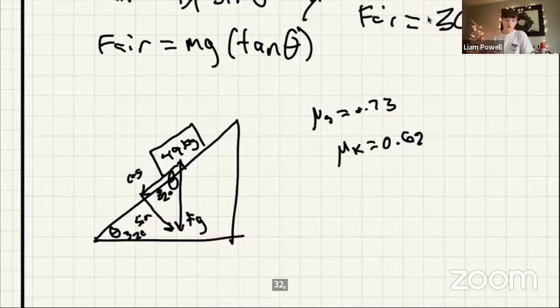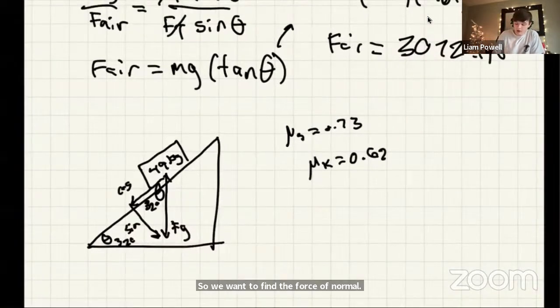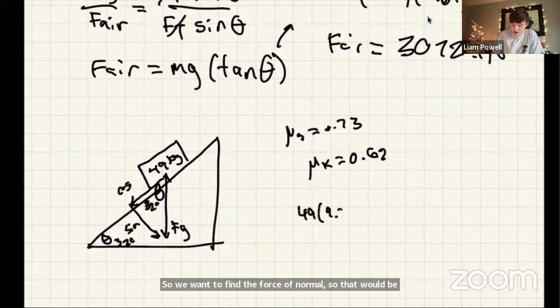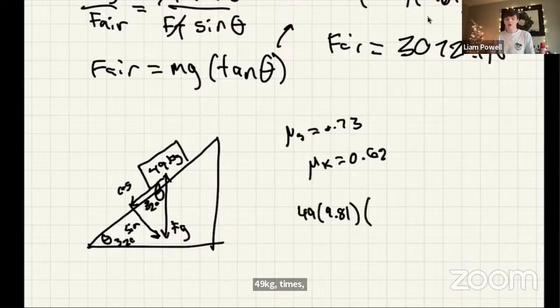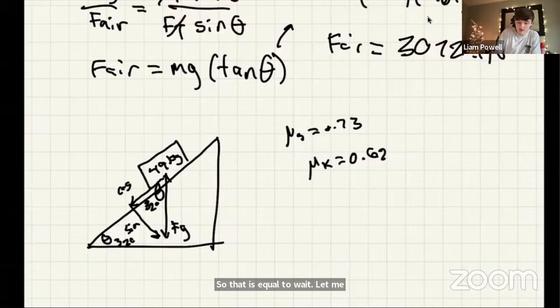So we want to find the force of normal. That would be 49 kilograms times 9.81 times... wait, let me just fix this really quickly.